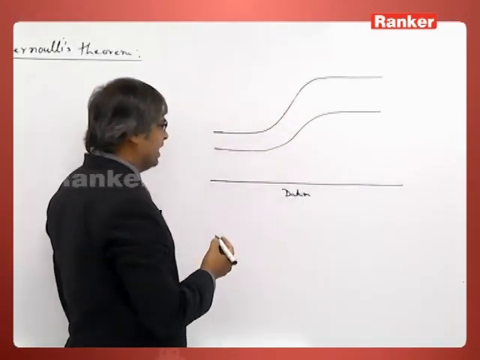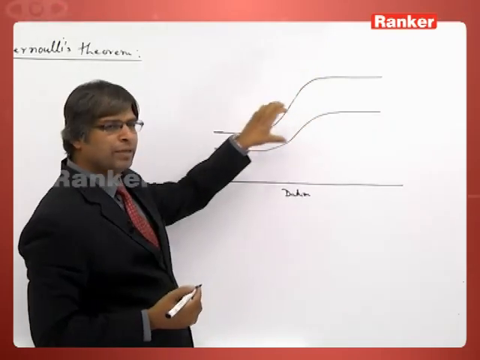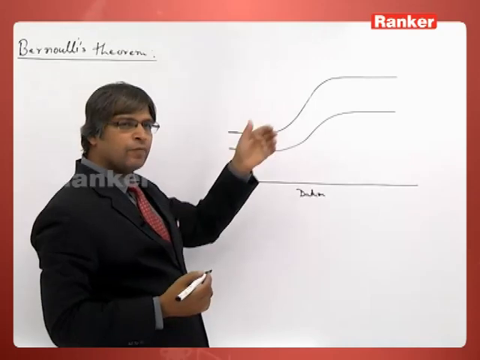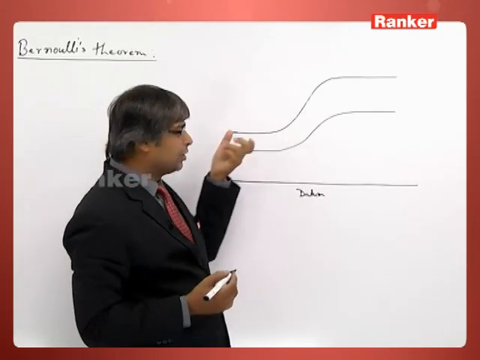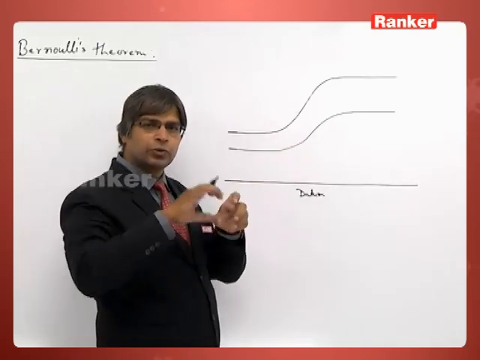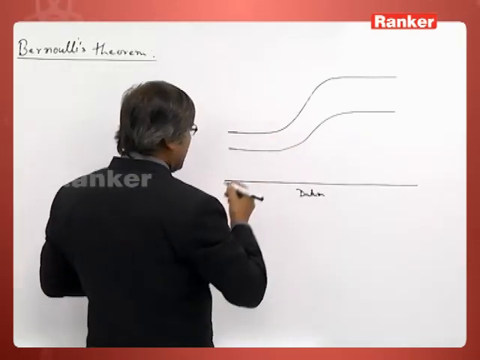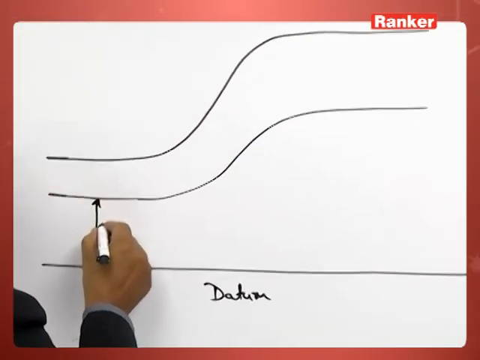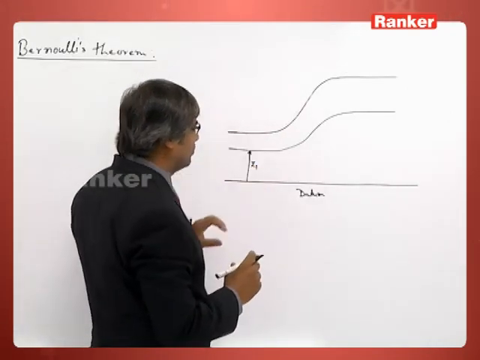So now you see here, this tube of flow, that is a bundle of streamlines is there. That means what I said, that the fluid particles move along a streamline. That means in order to describe a flow, I have to use a bundle of streamlines. That is a tube of flow. And here at a height of Z1, this bundle has a height H1.